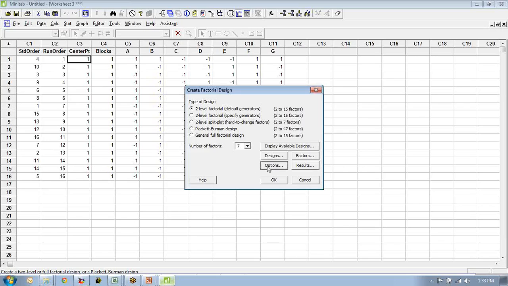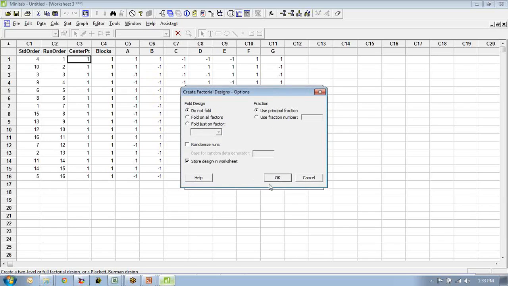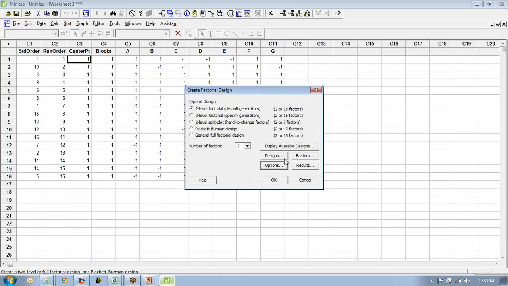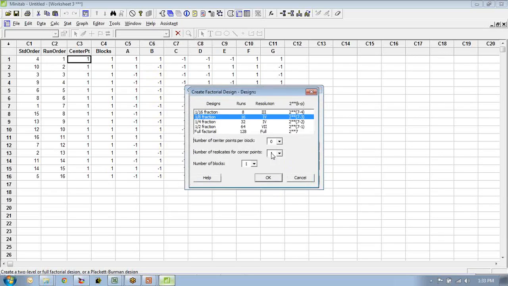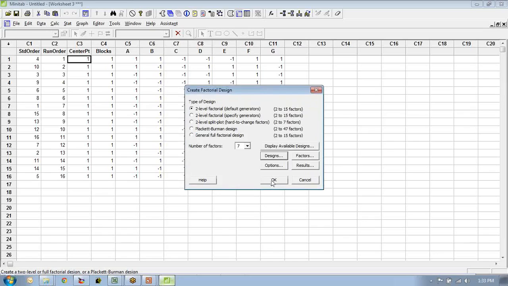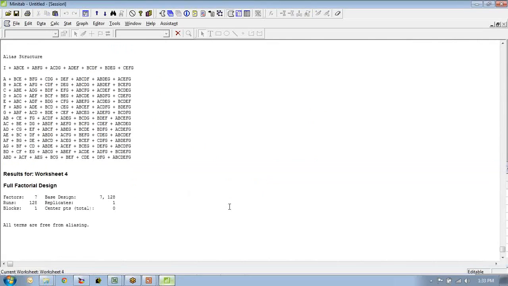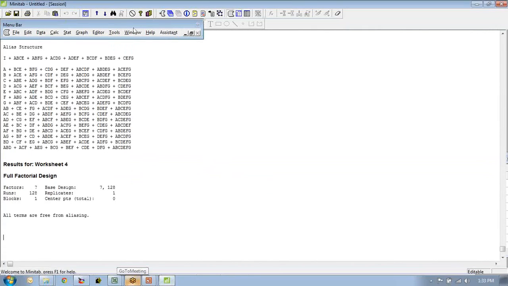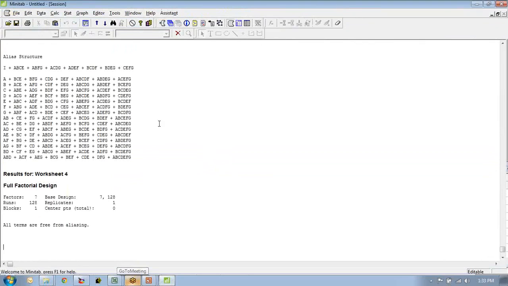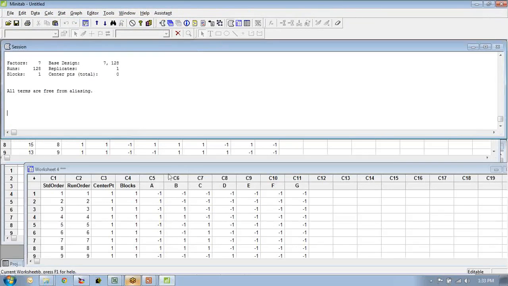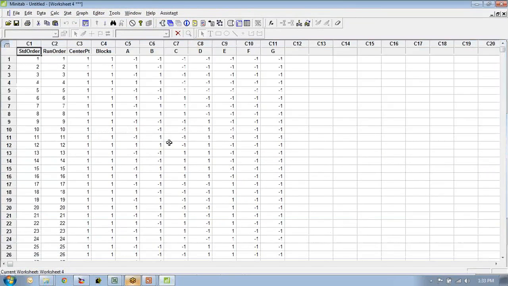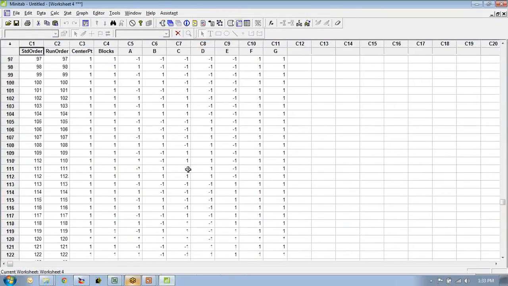You should include randomization in general, but let's just do the full. Here's our full, and you'll see it goes down to 128.